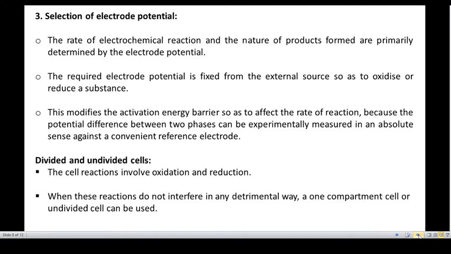And then you should consider either divided or undivided cells. Generally, undivided cells are better. The cell reactions involve oxidation and reduction. When these reactions do not interfere in any detrimental way, the one component cell or undivided cell can be used.